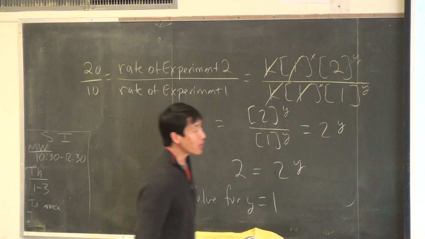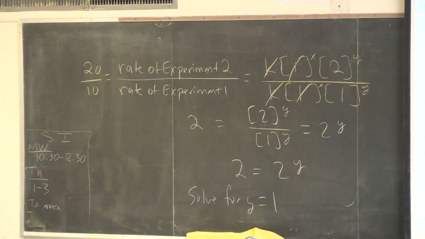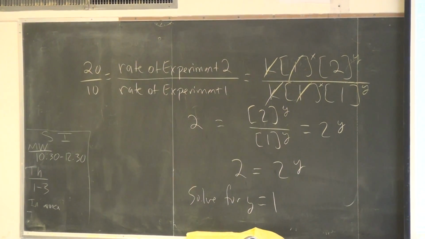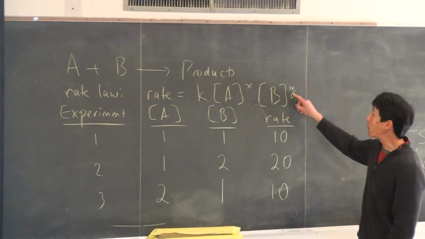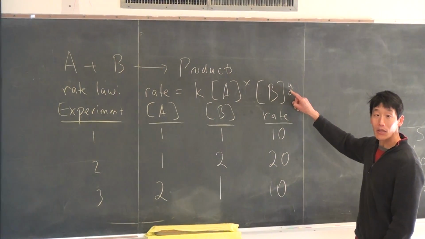So if we double the concentration of B, that should double the reaction rate. Again, that's what the order of the reaction tells us: what happens to the rate if we change the concentration of that reactant.